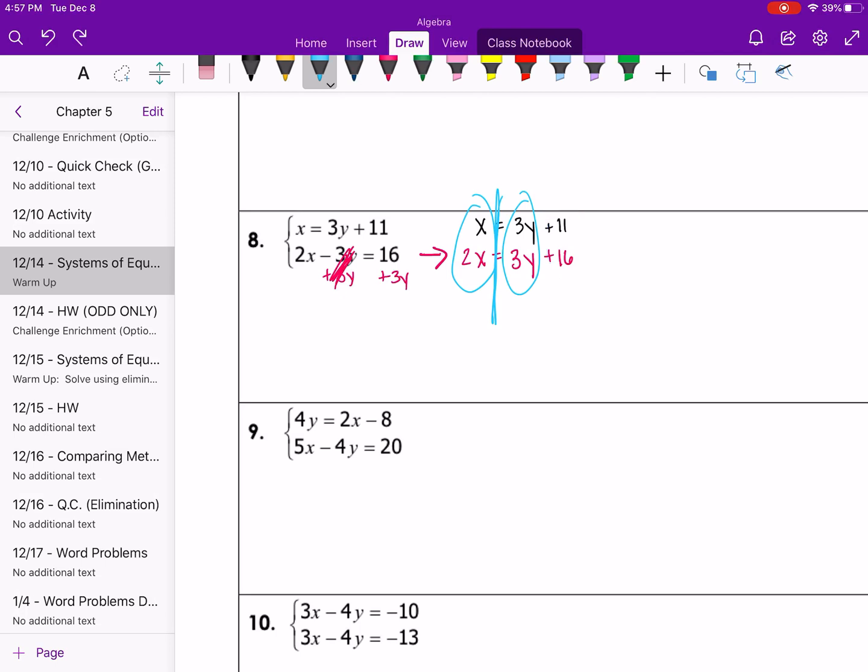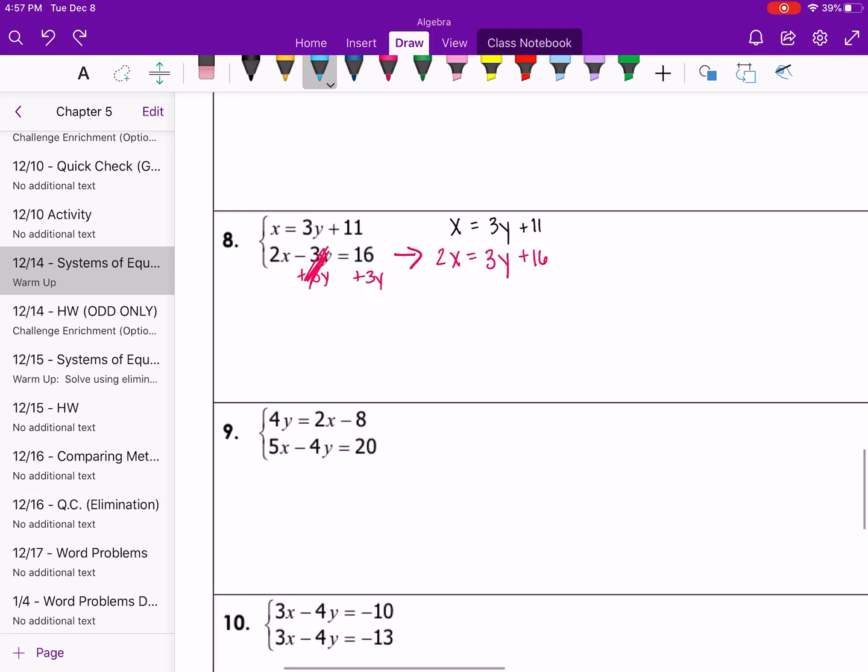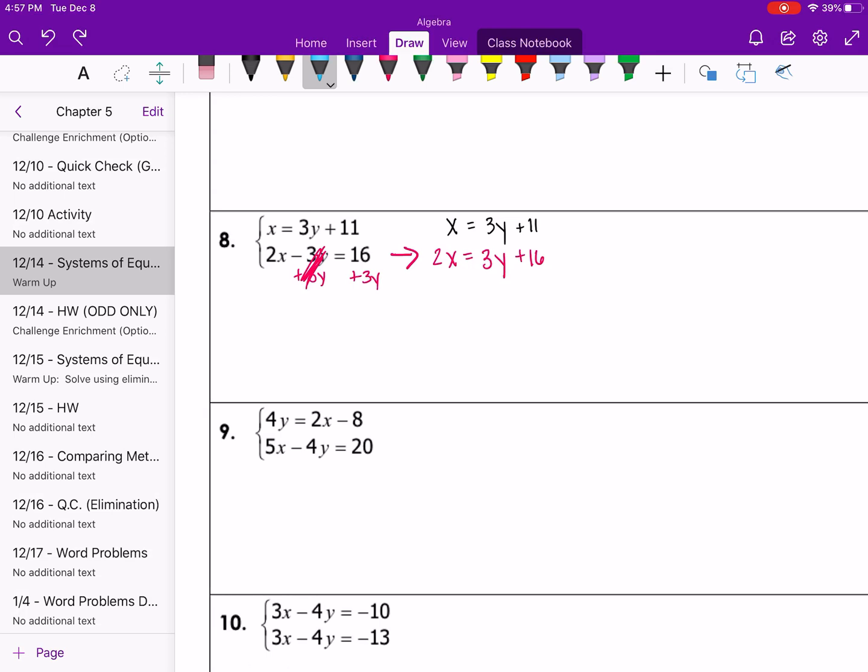But I need the opposite operation in order to use elimination. So I'm going to have another step here. Step 1 was making sure everything was lined up. Step 2 then is making sure I have opposite operations. So again, it doesn't matter which one you change, but I guess since I already changed the second one, I guess I'll change the first one just because.